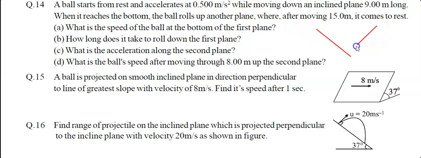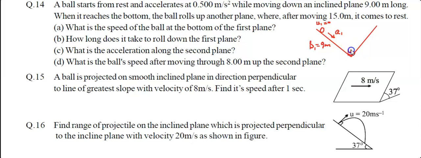This is one inclined plane, this is another inclined plane, and a ball is coming down from here maybe, and this distance is given to us. How much is it rolling? 9 meters. What is the acceleration in this direction? That is given to us. Let's call this S1. This is A1. Initial velocity is 0. And we will consider this so smooth that it is not changing the velocity.